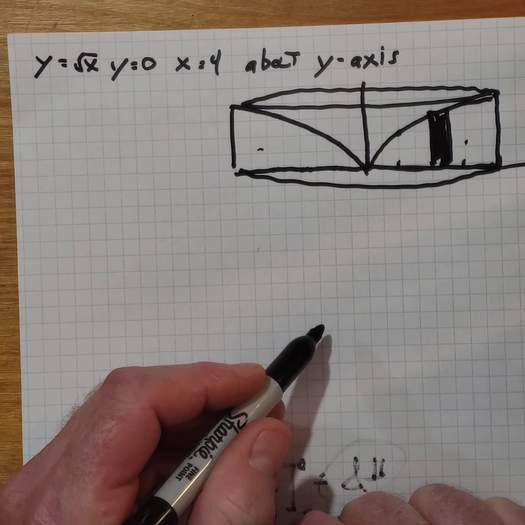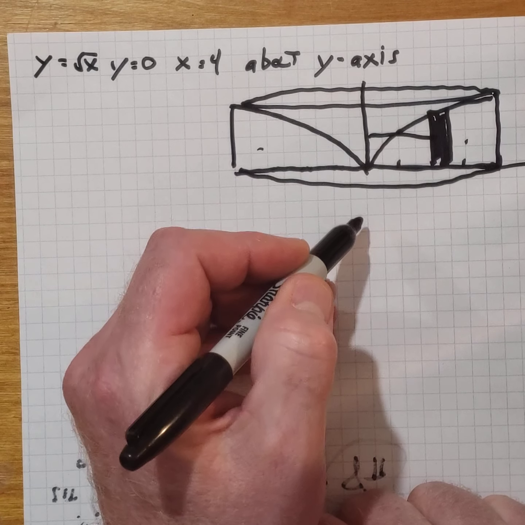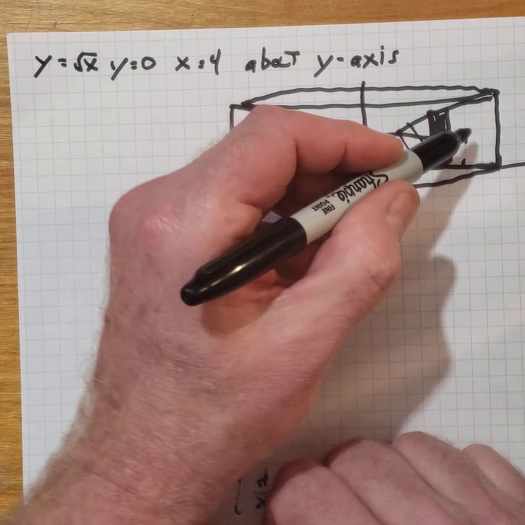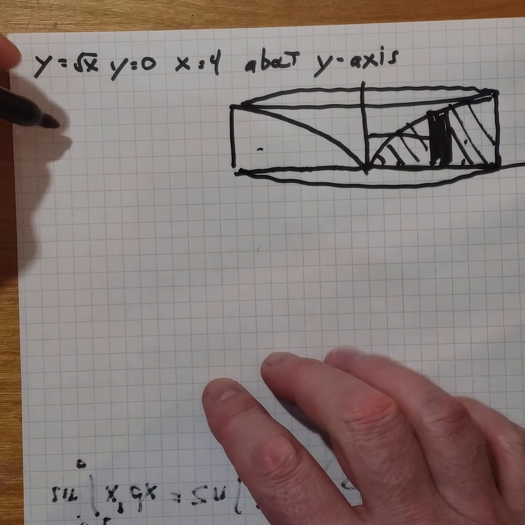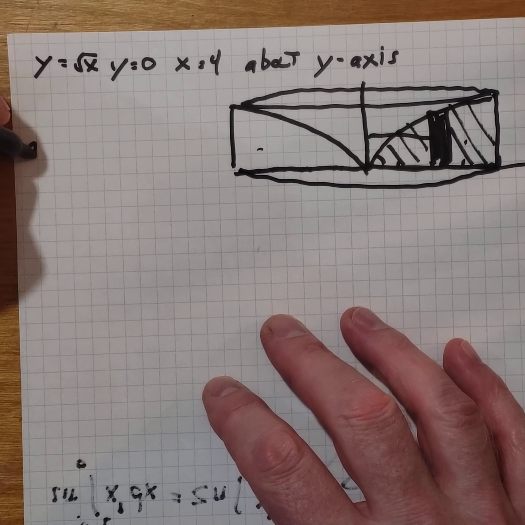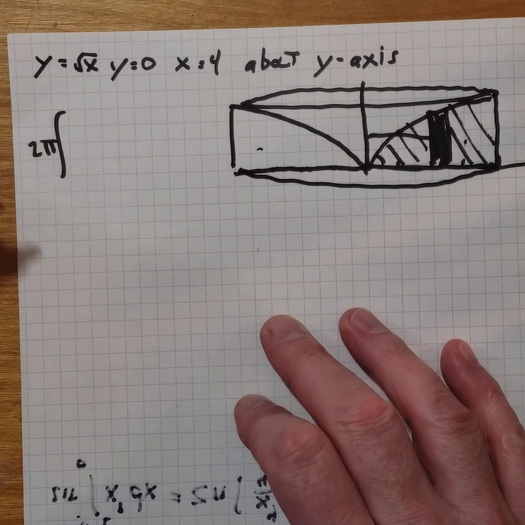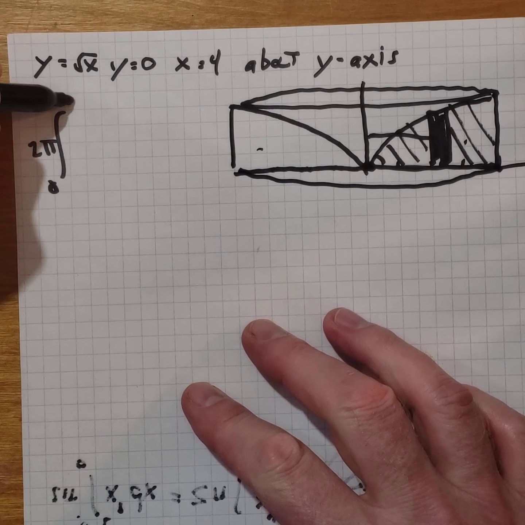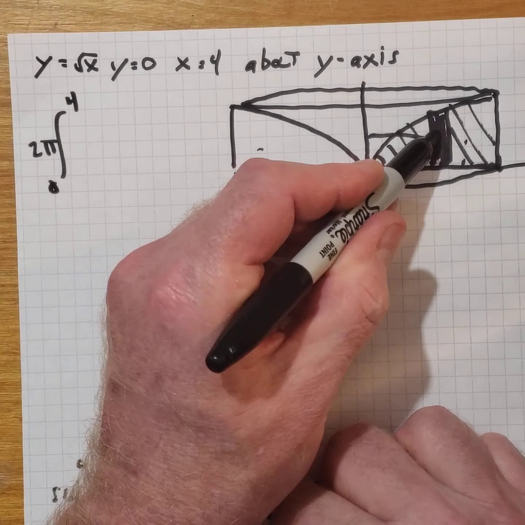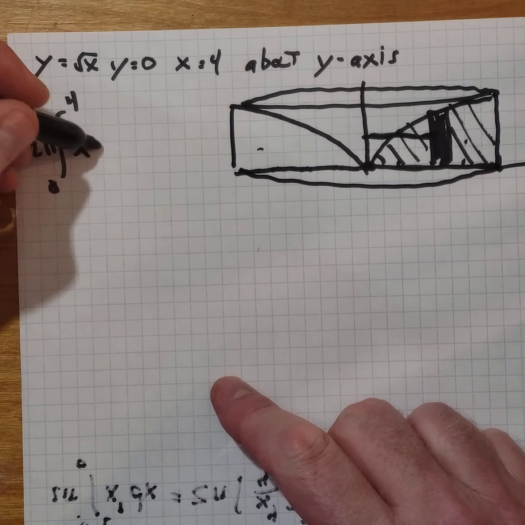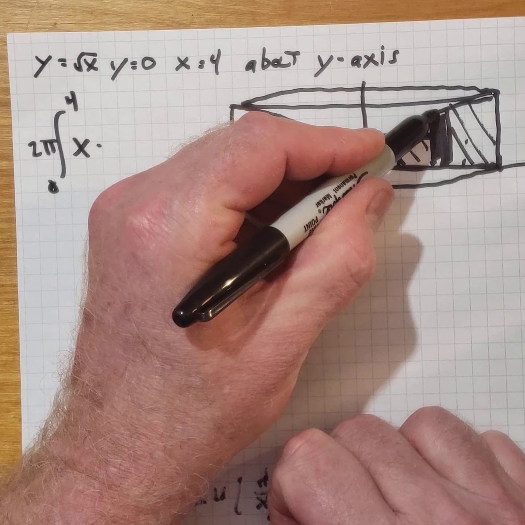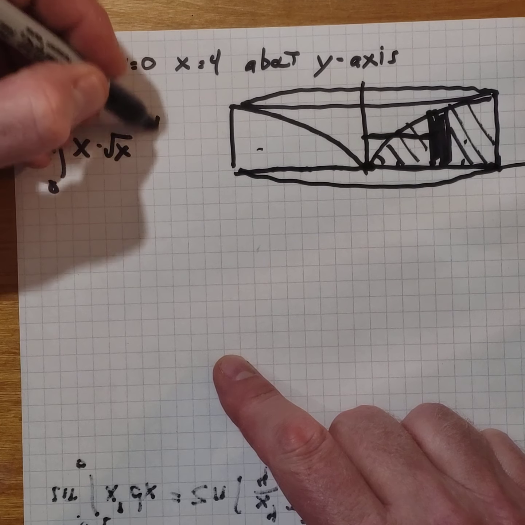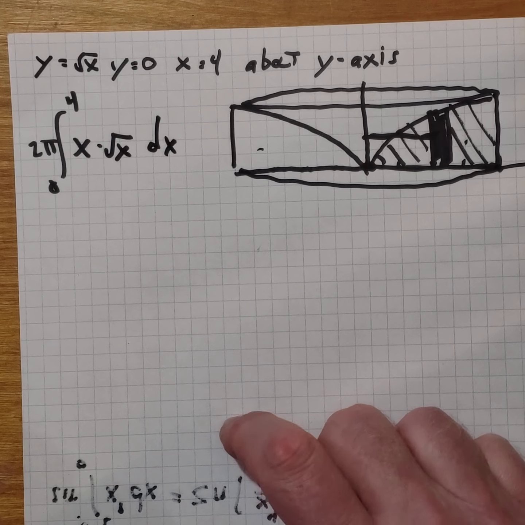If we think about our typical rectangle and how far it is from the axis, and think about our original region that's being rotated, our setup is going to be 2 pi from here to here, which is from 0 to 4, the radius, which is x, times the top function minus the bottom function, so square root of x minus 0, which of course we don't need to write, dx.